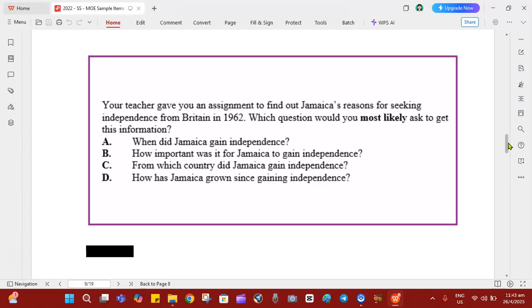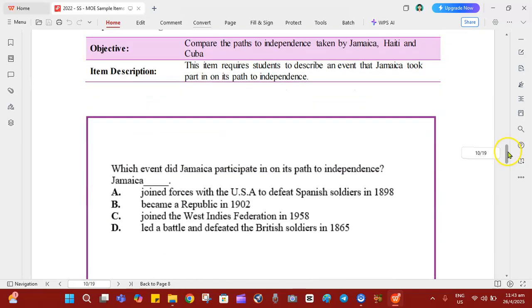B says how important was it for Jamaica to gain independence. C says from which country. And D says how have we grown since independence. The answer would be B, how important was it? That would give you the reasons why we wanted to move from under Britain's control. The answer is B.